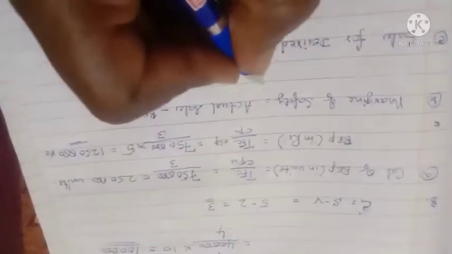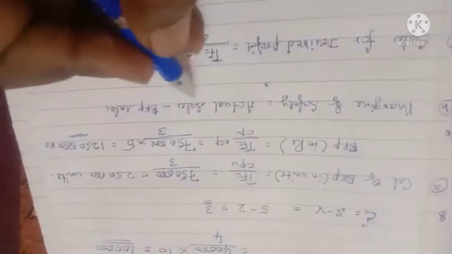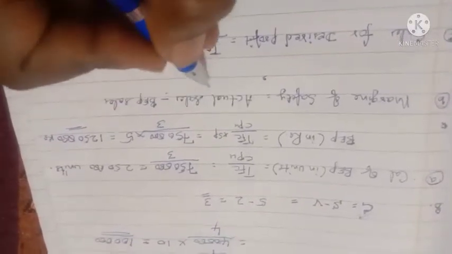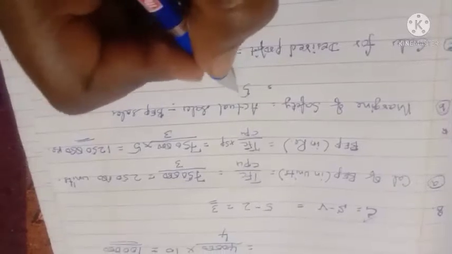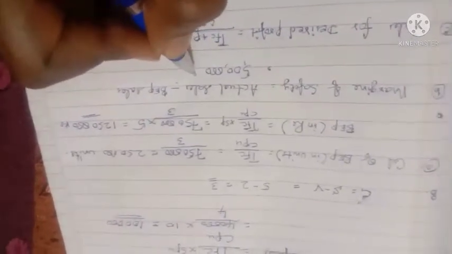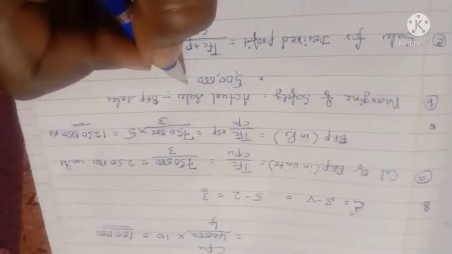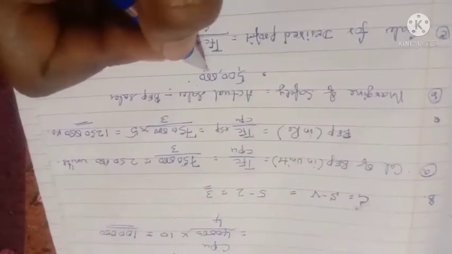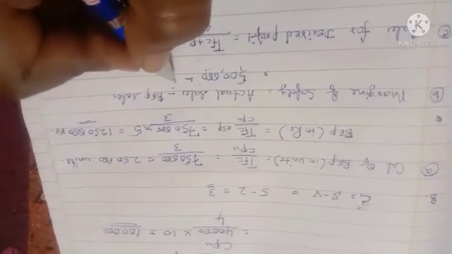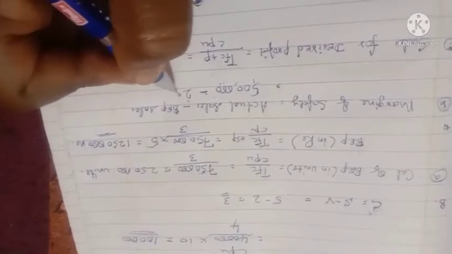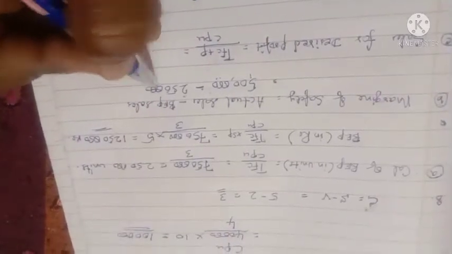Next, margin of safety: actual sales minus break-even sales. Actual sales is the units produced, because no other information is given related to sales. So whatever units produced, the same should be taken as total sales. So 5 lakh minus the break-even point we got, 2 lakh 50,000. We are taking in units, not in rupees.